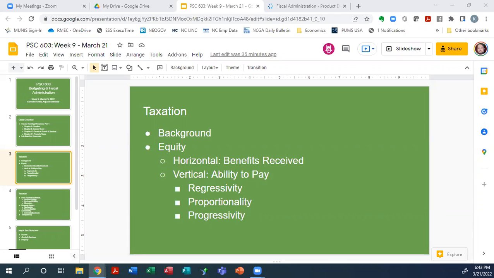So it's an inverse relationship in that the amount you pay as a share of your income or share of your wealth or share of whatever is being considered for economic purposes as your ability to pay, that share decreases as your income or your wealth increases.